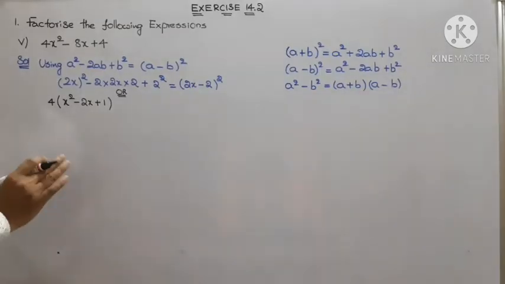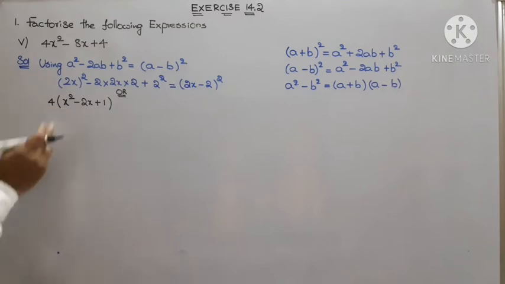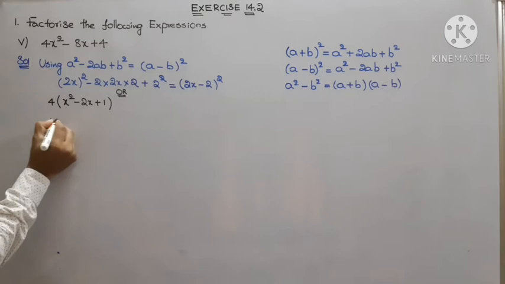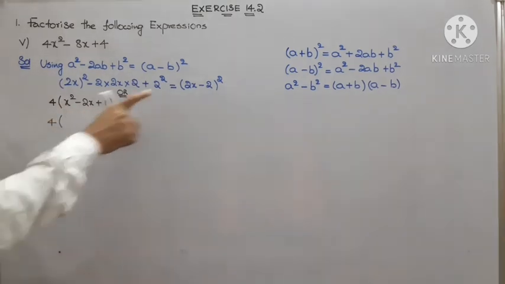Okay, so now 4 is already taken up, so it is one of the factors. Now 4 into, look, a square minus 2ab plus b square, the same we can apply here.